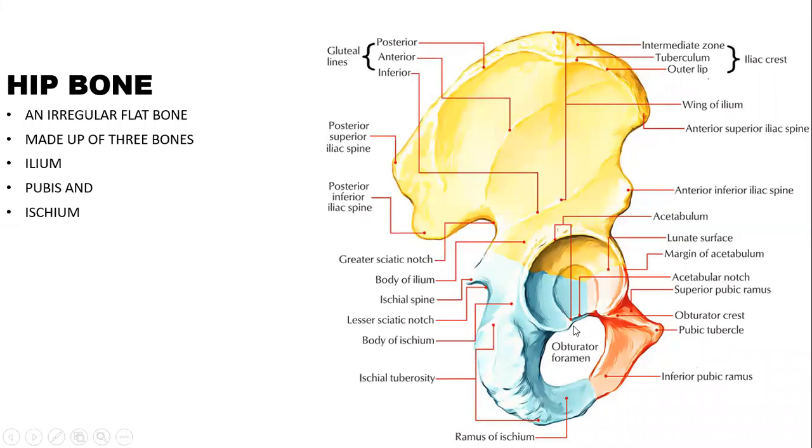Then you have the obturator foramen there, formed basically by 2 bones, the pubic bone and the ischium. Okay, so these 3 bones make up the hip bone. And a human being has 2 hip bones, the right and the left. The acetabulum is located on the lateral aspect, and this part articulates with the head of the femur to form the hip joint. Okay.